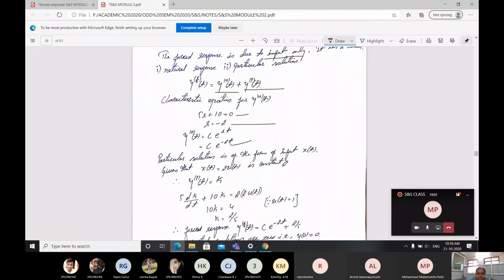2 into u of t means it's of a constant value. u of t is always 1, right? For that reason, yp of t is going to be taken as k only. Therefore, what you have to do?